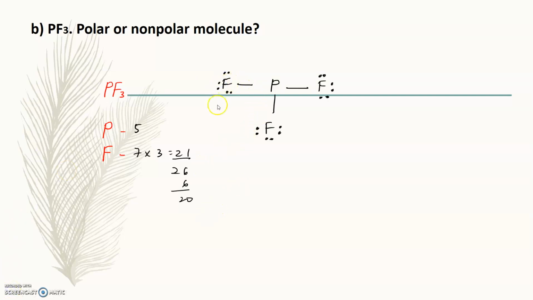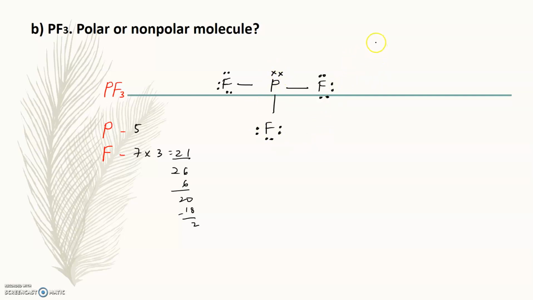Okay, so here we put the electron on fluorine. So there are 18, and then the balance of non-bonding electron we put on phosphorus as a lone pair. Okay, so this is the Lewis structure.